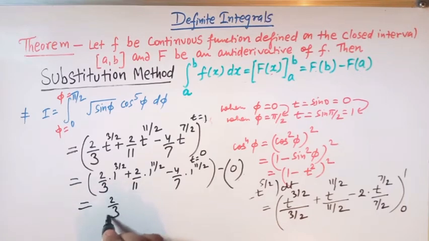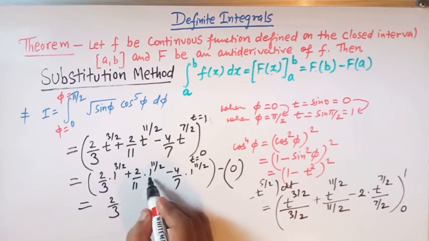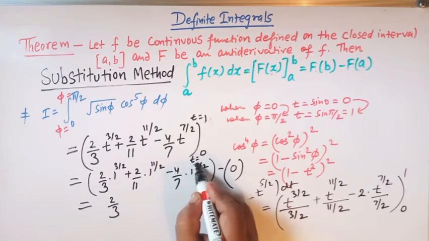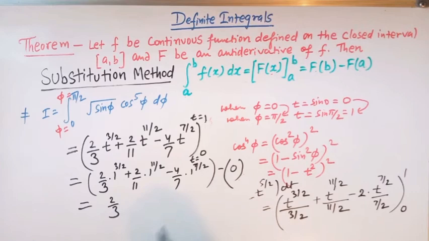So this is 2 by 3, because 1 raised to 3 by 2 is 1, 1 raised to 11 by 2 is 1, and 1 raised to 7 by 2 is also 1. So we have 2 by 3 plus 2 by 11 minus 4 by 7.